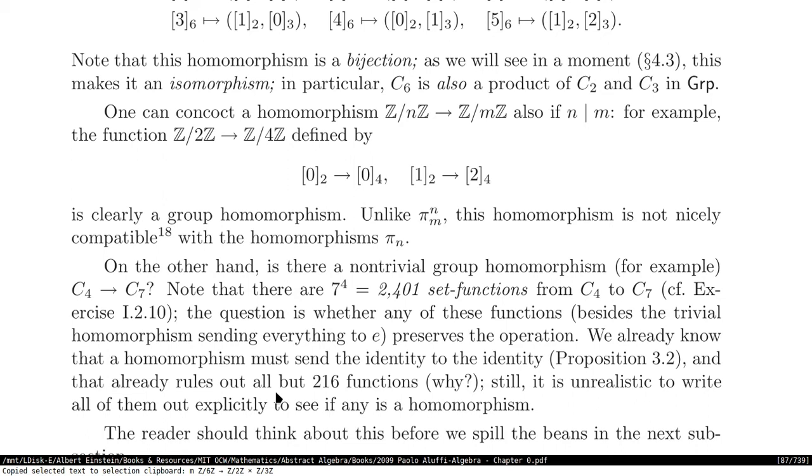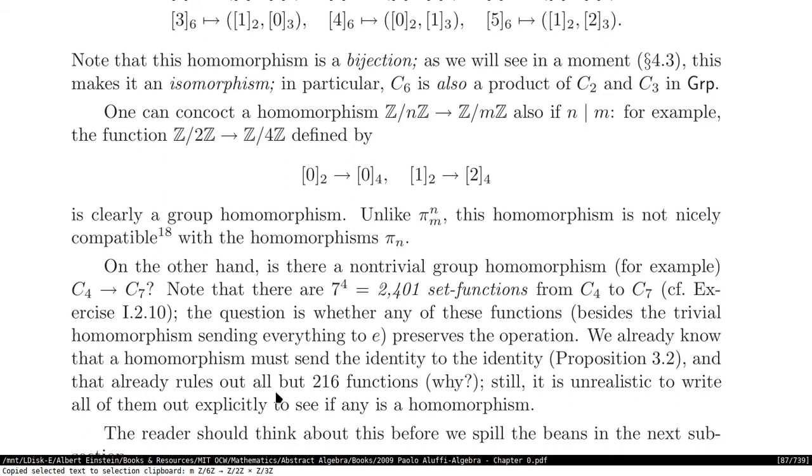So they're asking, is there a non-trivial group homomorphism from C4 to C7? I think they said it's somewhere in chapter 1, when we were doing sets and categories, that the number of set functions you're going to have from Cn to Cm is m to the power n.